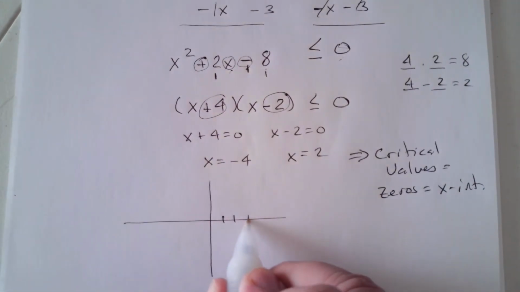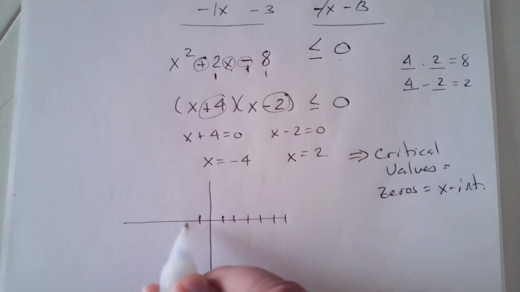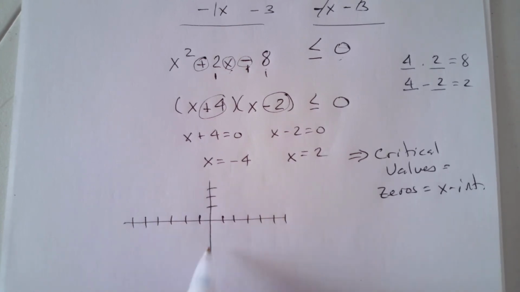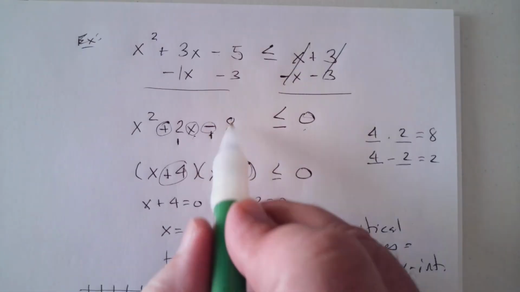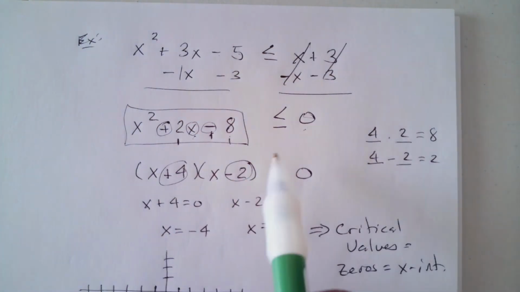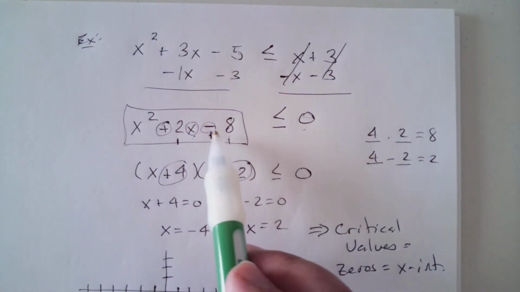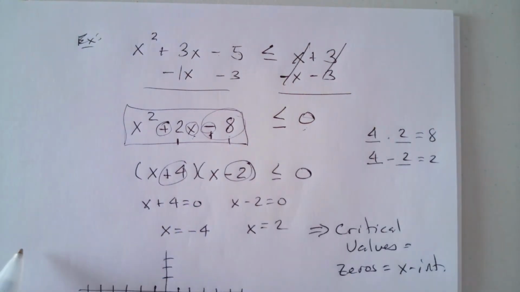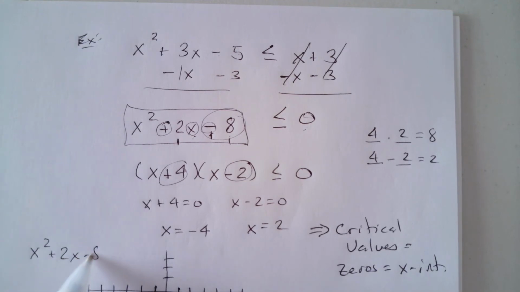So let's graph it. We're graphing this one, not the original one. Has to be everything to one side. So that's the equation we graph, x squared plus 2x minus 8.